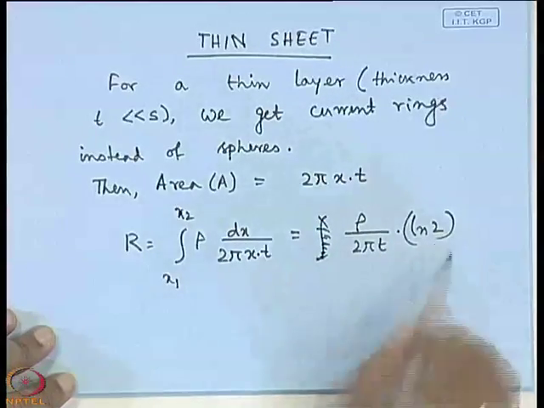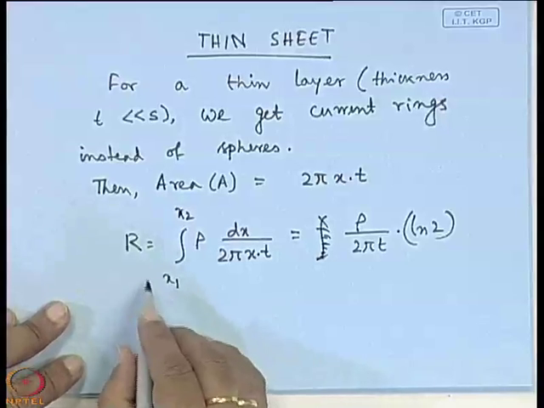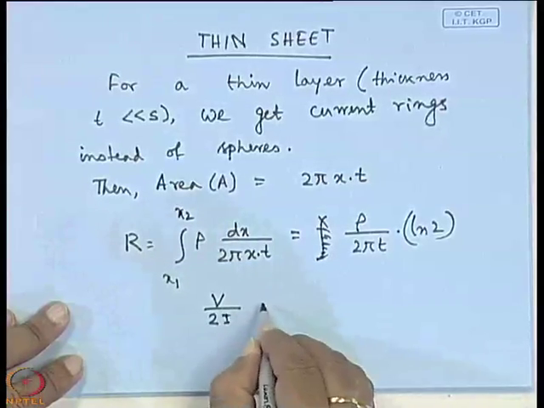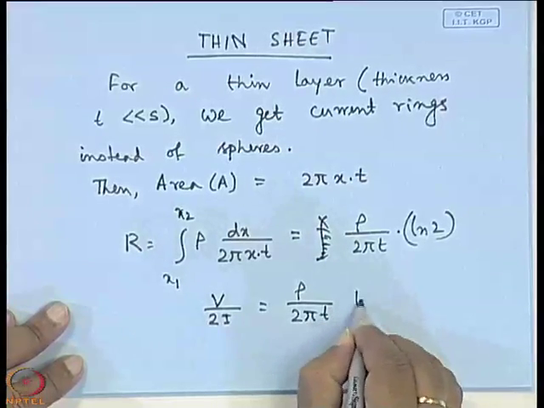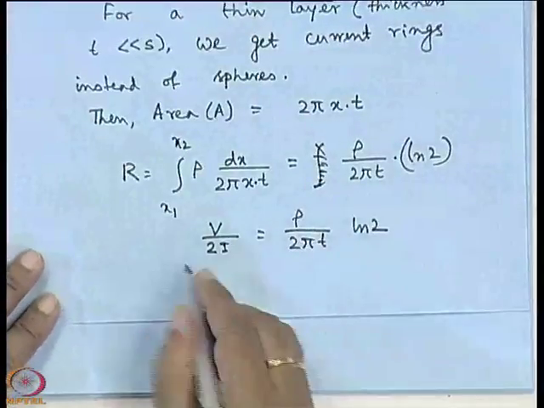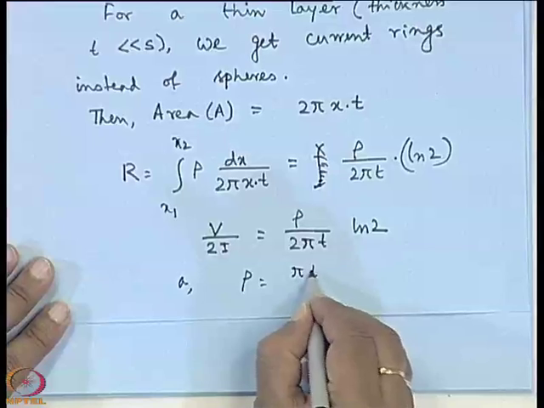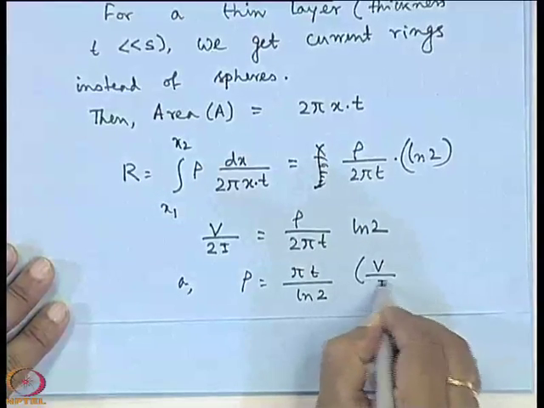Again here R equals V by twice I as usual. This equals rho by twice pi t into ln 2, or rho equals pi t by ln 2 into V by I.